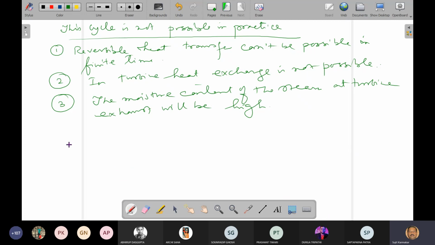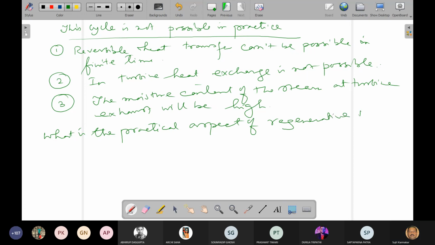So what can we do? What is the practical aspect of the regenerative Rankine cycle?